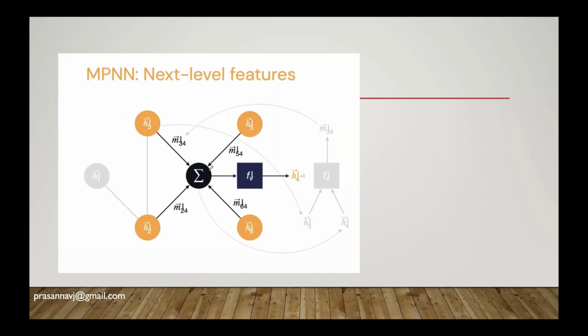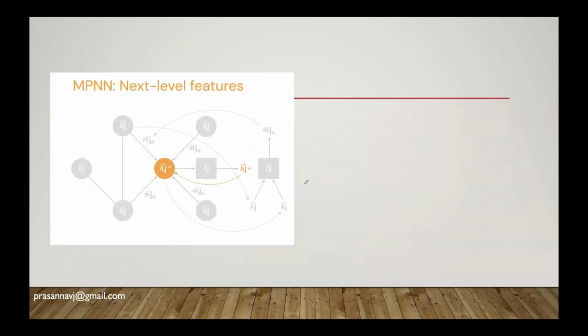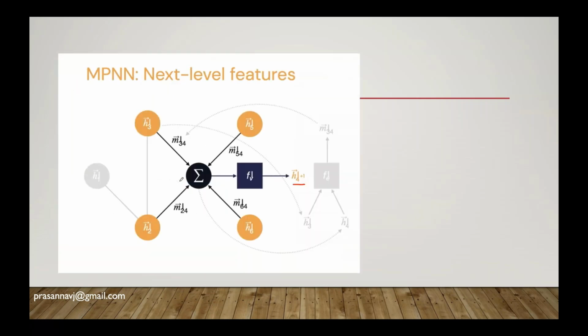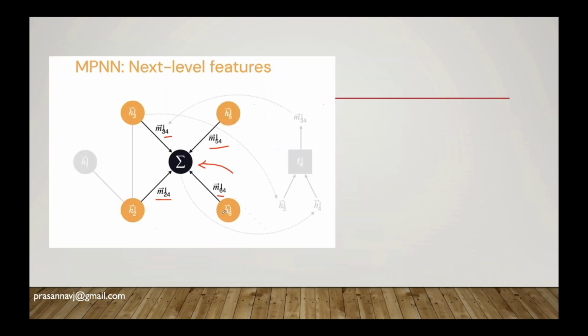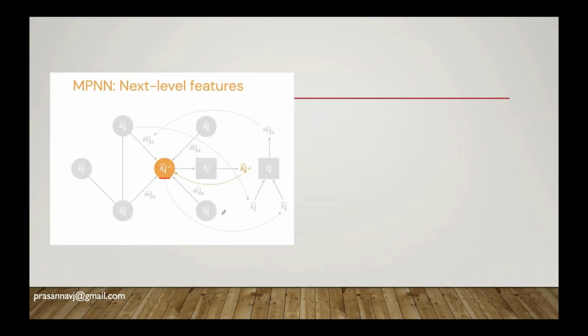With that update you will get a new value for the specific node, and that new value you will update back to the actual node itself. So you started with a specific value h4, and you wanted to build the message for all the nodes which are connected to it and update that value back. You call it h4 plus 1.